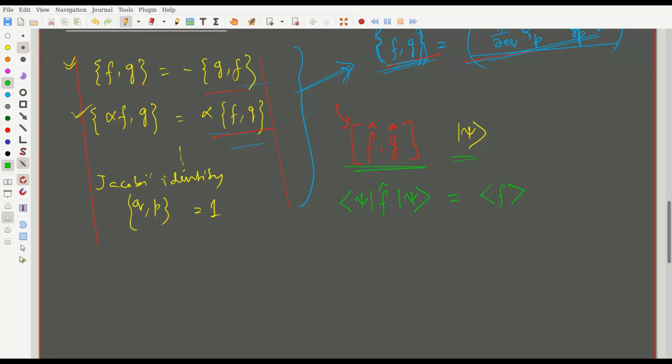So nobody told you that. You are now picking it out from the sky. So this is the Born interpretation of quantum mechanics. Now you are assigning meaning to your vector space. Nobody told you that. You are doing that. You are saying, let this be the expectation value.